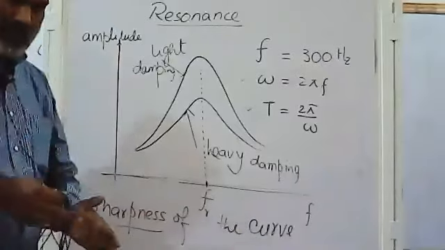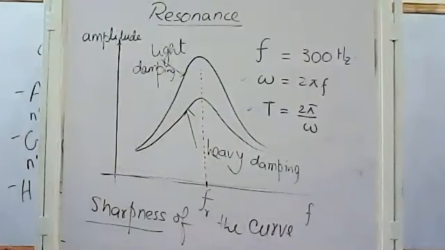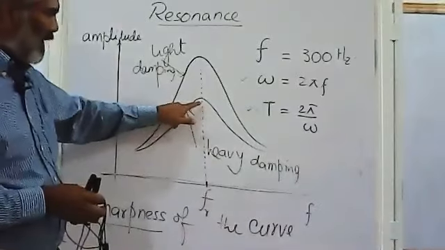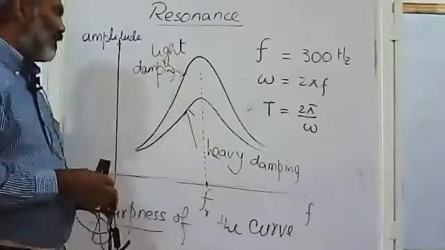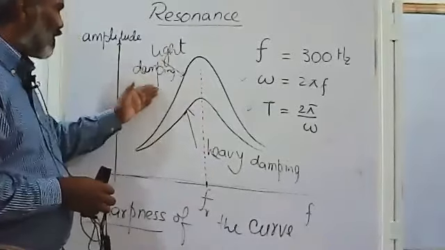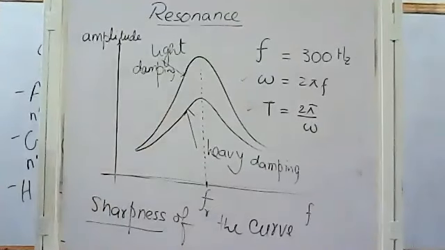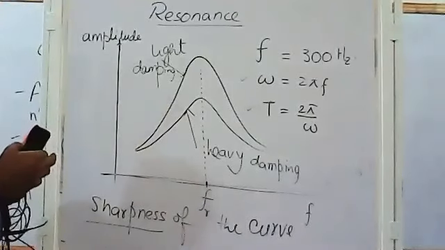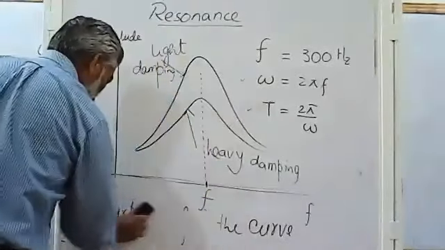You have placed it inside a medium which is dissipative, which is very dense, so the object has problems moving in it. So it will not have that sharp a curve as compared to the one in which it was moving freely and we observed a large increase in its amplitude. So these are some of the points related to the curve which is known as the frequency response curve when resonance takes place.